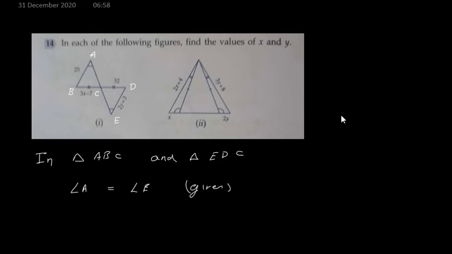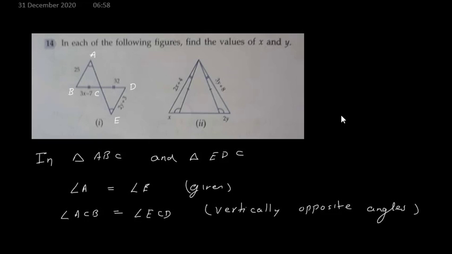Then we have angle ACB is equal to angle ECD. They are vertically opposite angles. And we have side BC is equal to side DC. This is also given.